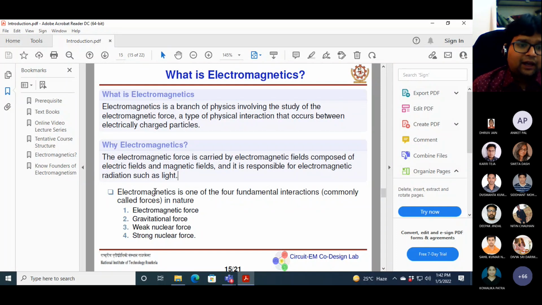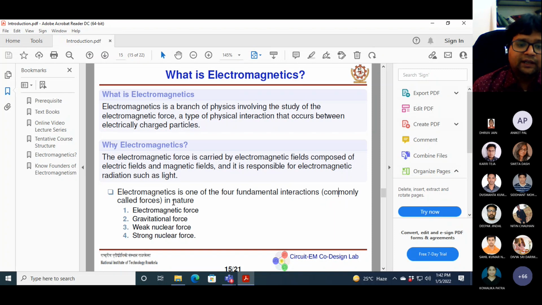Then, what is the electromagnetic force? Electromagnetism is one of the four fundamental interactions, commonly referred to as forces.